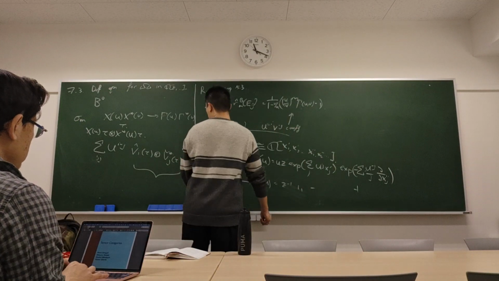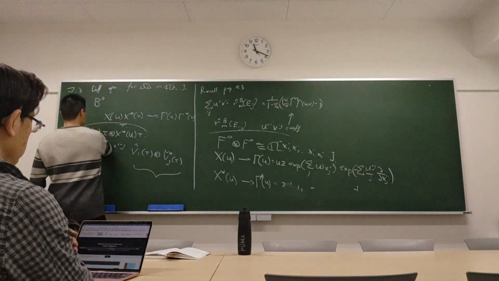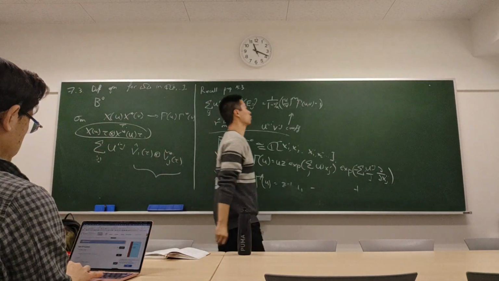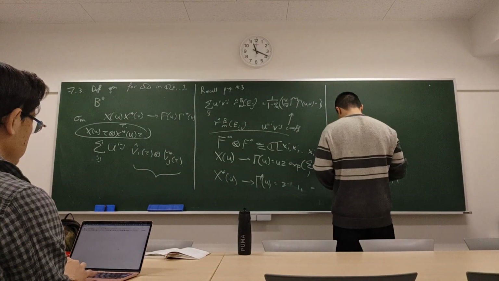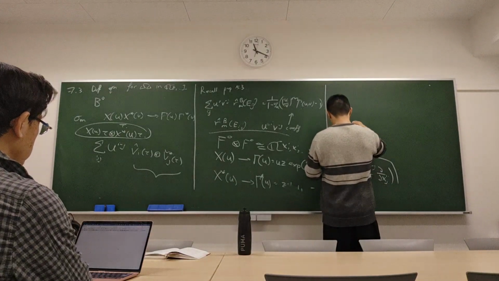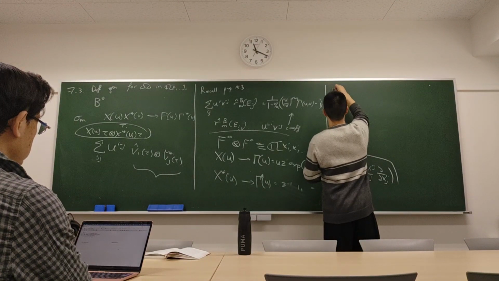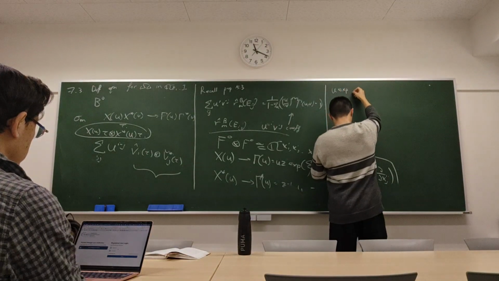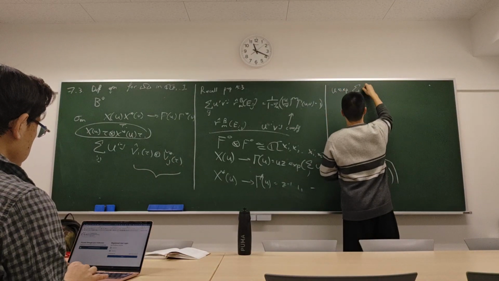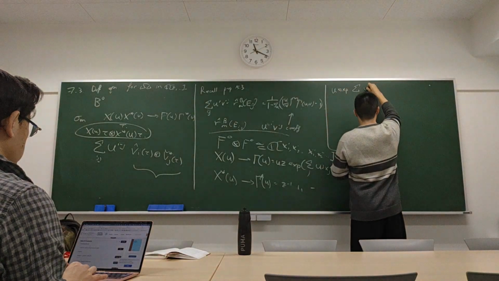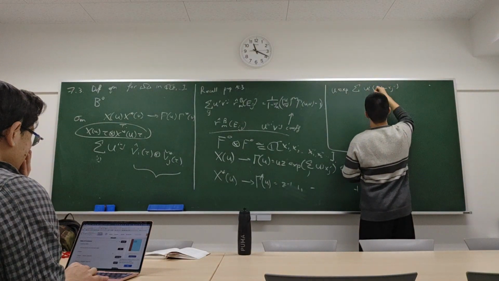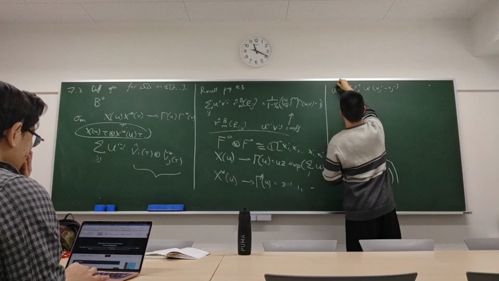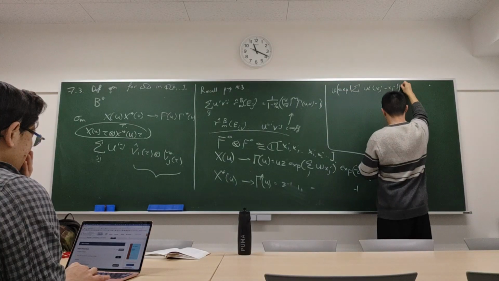Okay, so looking back at this object, this transforms to u exp of the sum of uj times xj prime minus xj double prime, times exp.